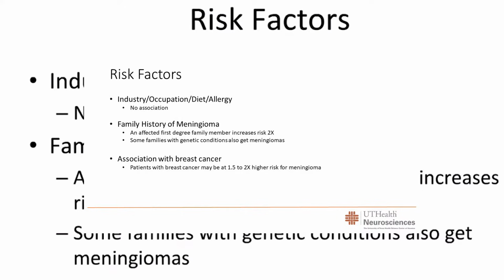What about the type of work you might do, what you might eat, whether you have allergies? As far as we know, there is no association between that. There are some people who have had family members with meningiomas, and there are also some genetic conditions, like a word that you might hear, neurofibromatosis, a type of that, where those family members get more meningiomas.